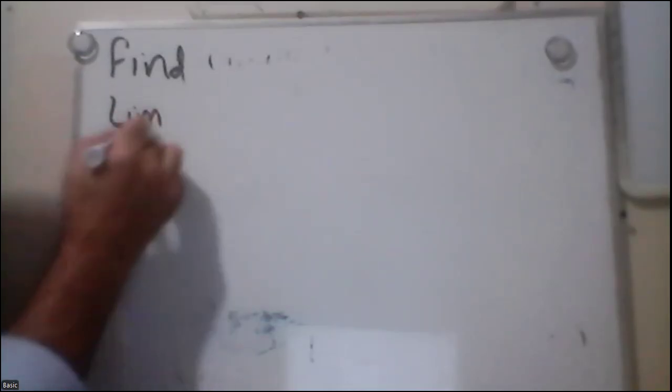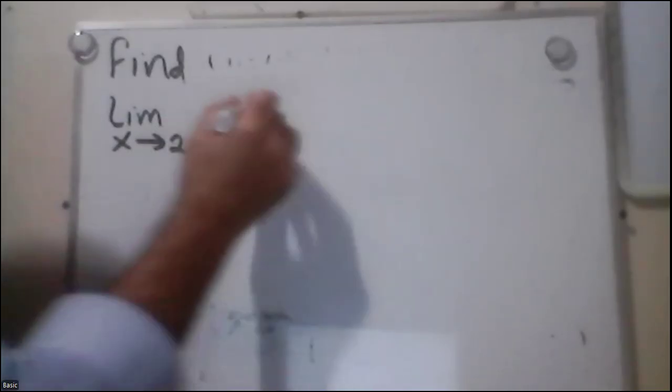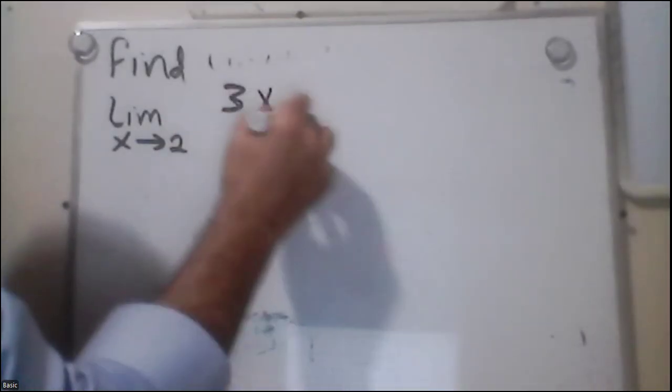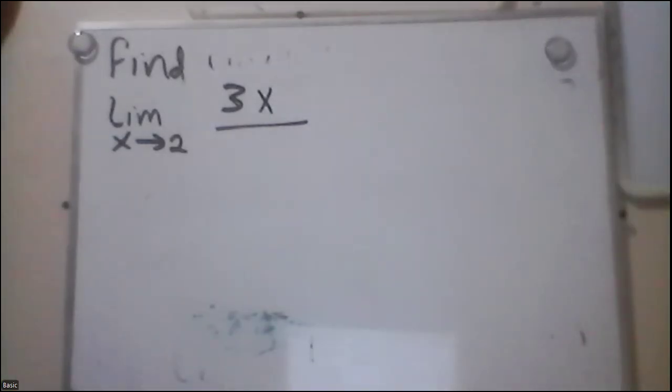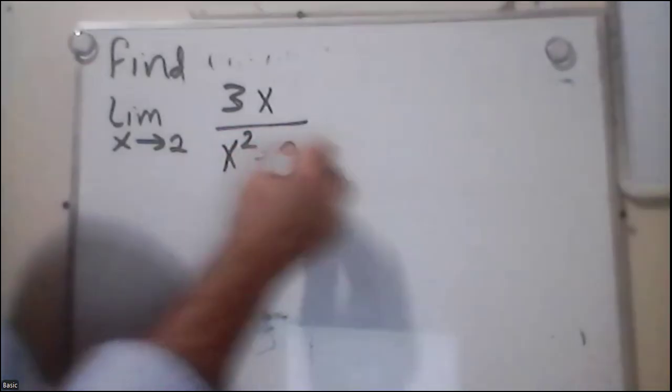Let me go to my first example today. It says: find the limit when x reaches 2 of the value of 3x divided by x squared plus 2.